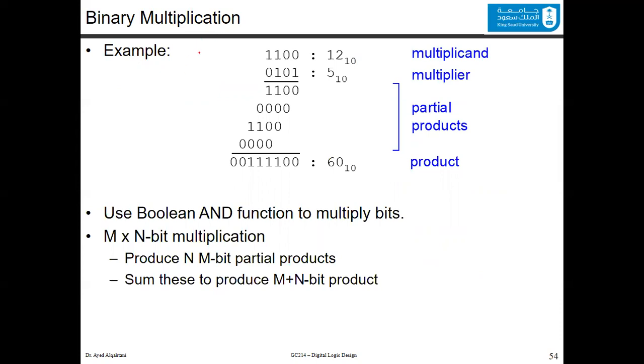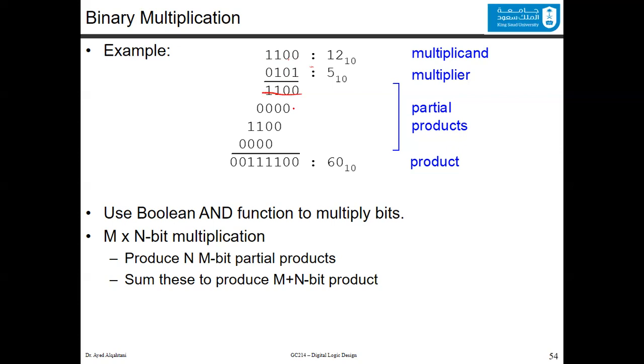The binary multiplication is fairly easy. If you have two numbers, let's say they are 5 and 12, 5 being the multiplier, 12 being the multiplicand, you get the binary representation for them. You do the multiplication the same way that we studied in elementary school. 1 times 0 is 0. 1 times 0 is 0. 1 times 1 is 1. 1 times 1 is 1.